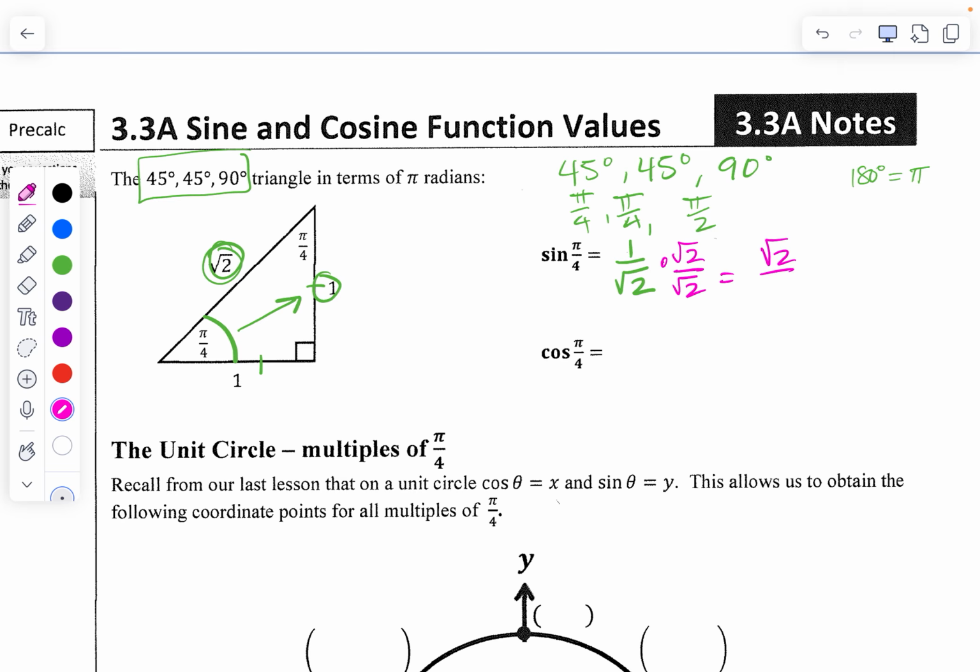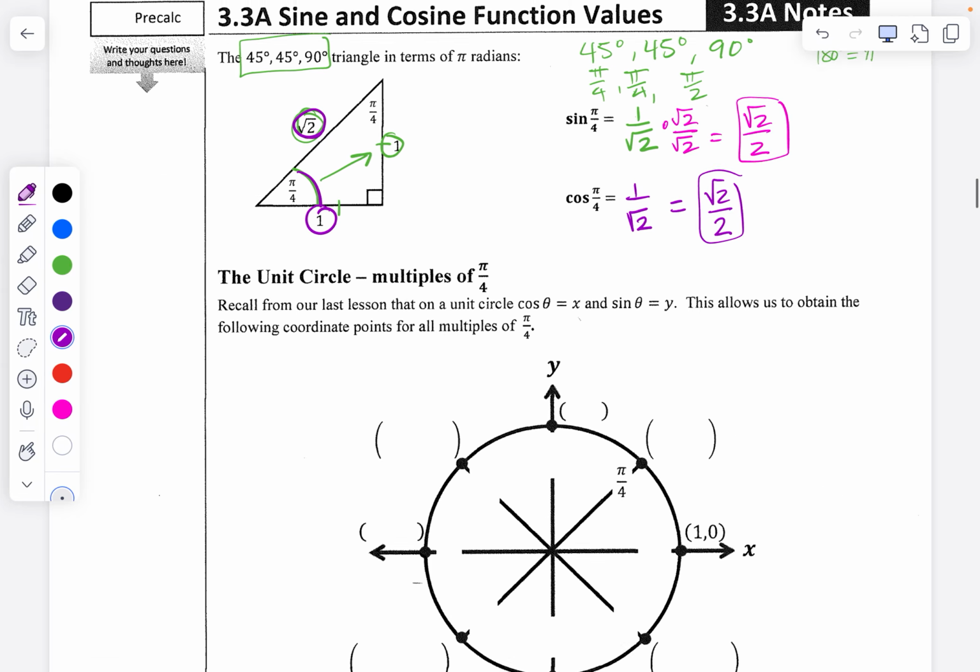We end up with root 2 over 2. Okay, and if I'm looking for the cosine of that, I know cosine is adjacent over hypotenuse, which is also 1 over root 2, which I already know because I did it above, rationalizes to root 2 over 2. So we see that cosine pi over 4 and sine pi over 4 are the same value.